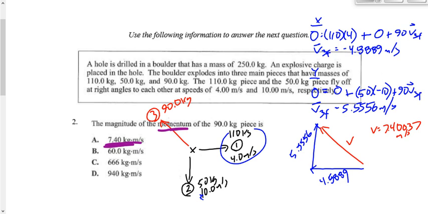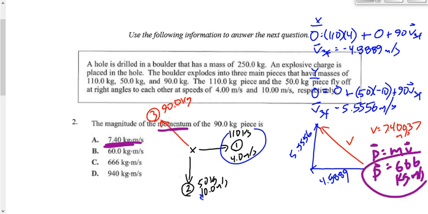How do we get the momentum from this? It's not hard, as long as we recognize that we have to do it. We multiply m times v, and we end up getting 666 kilograms meters per second. That is a devilish question, eh? So the answer is C, not A. Read the question, answer the question.